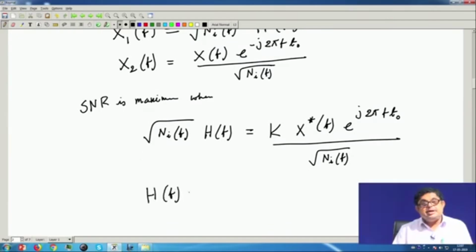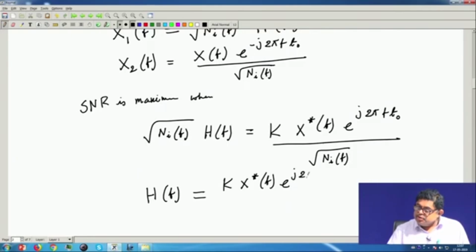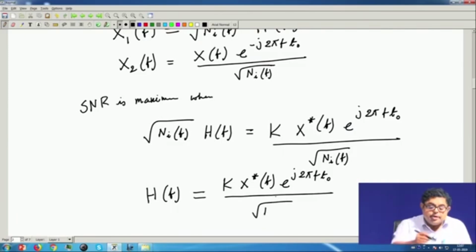H(f), our matched filter transfer function, is equal to k X*(f) e to the power j 2πf t0, some phase, divided by N_i(f).